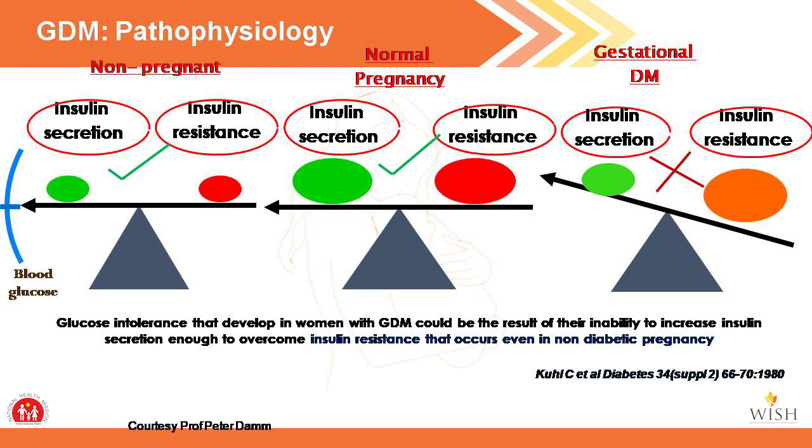In this slide, as you see, in a normal non-pregnant female, usually a balance is there between insulin secretion and insulin resistance, and this is how the blood glucose is maintained as shown in the blue line. What happens during pregnancy? During pregnancy, there is an increase in insulin resistance as shown by the oval egg of red color.